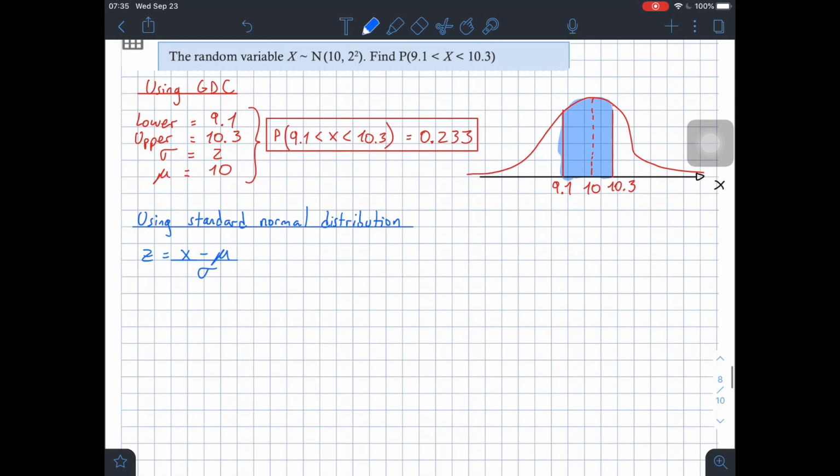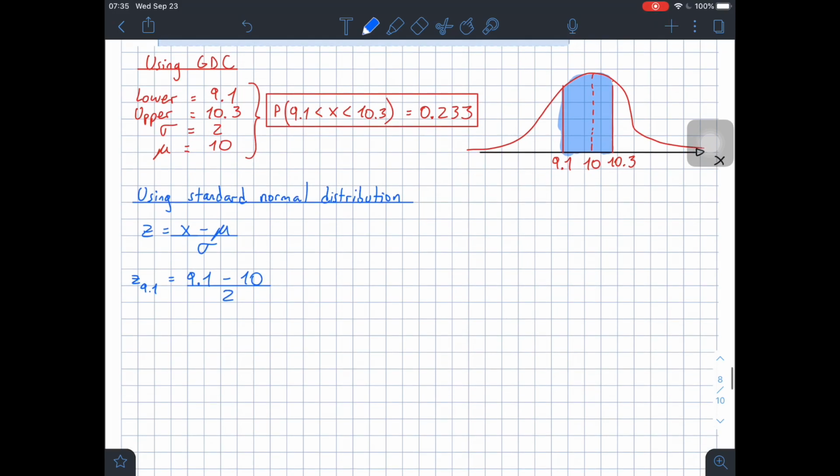So what I'm going to do is the following. I'm going to write Z using 9.1 as our first Z value. So instead of X, we're going to write 9.1, which is the first boundary we want to standardize, that's the term that is used, minus the mean, which is 10 in this case, over the standard deviation, which is 2 in this case.